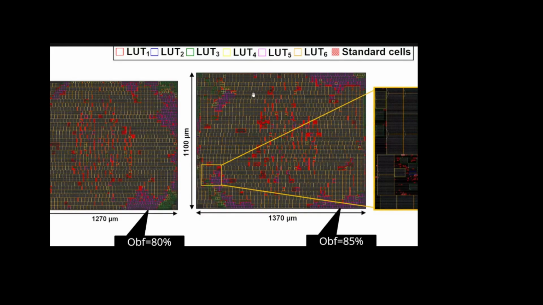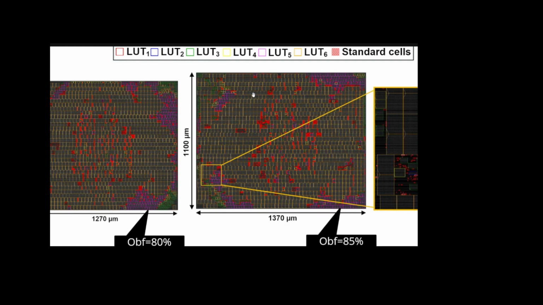If the foundry or attacker wants to reverse engineer the layout, he or she has a very hard time to quantify the LUTs, right? First of all, if we try to build a threat model, which is given in the paper, he or she has to identify the type of the LUT.